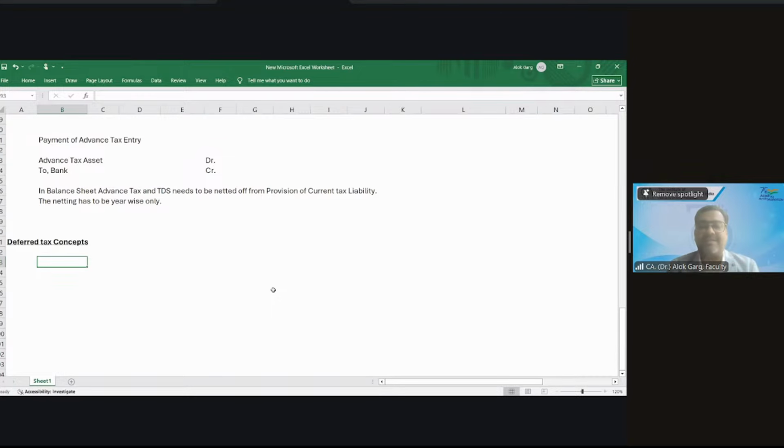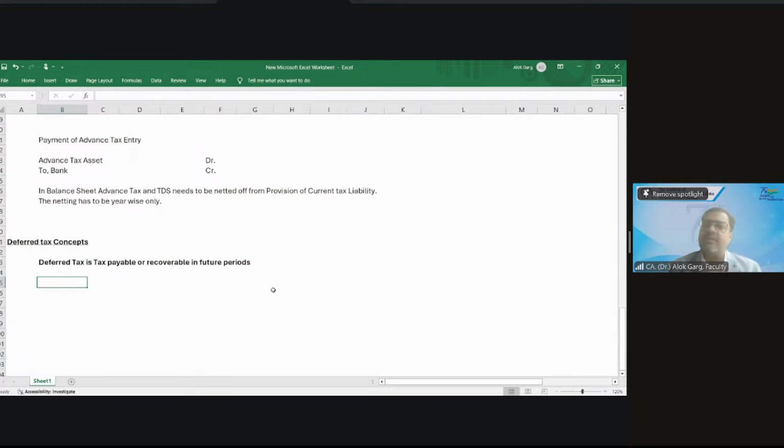Deferred tax is tax payable or recoverable in which period? Future periods. Tax payable or recoverable in future periods is meant by deferred tax.